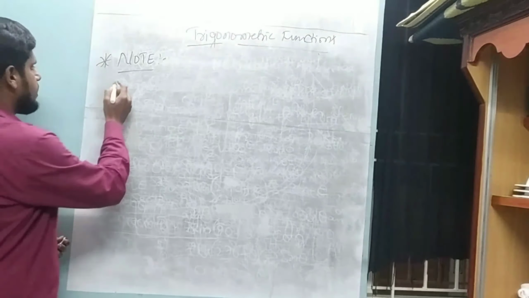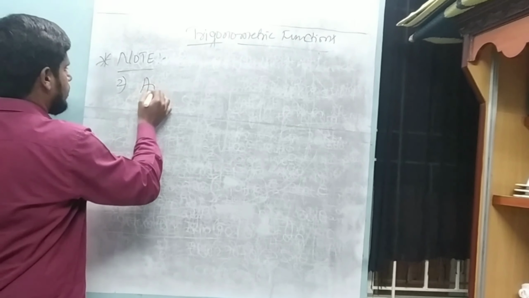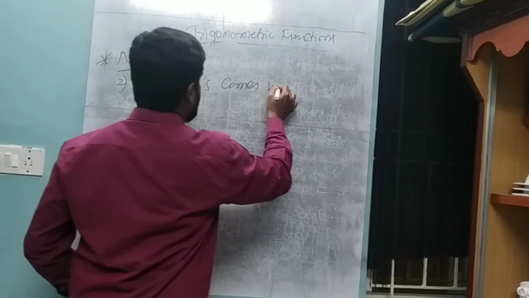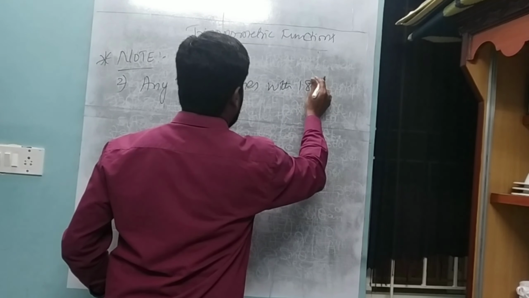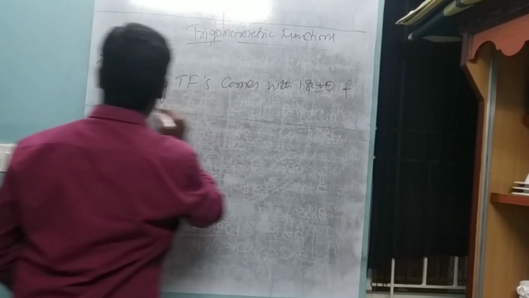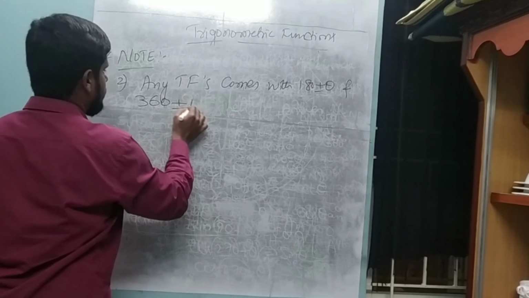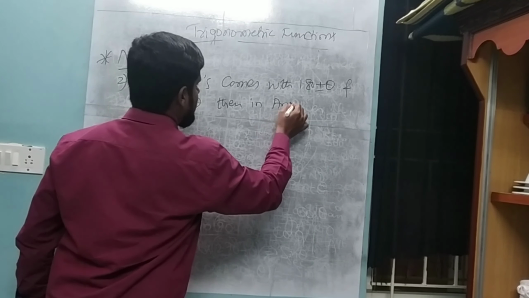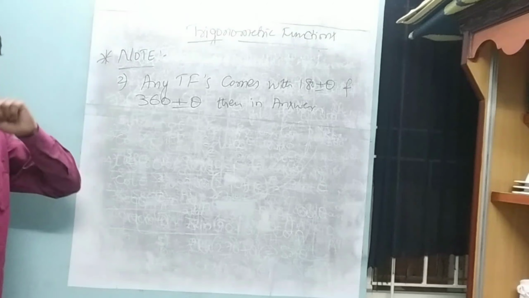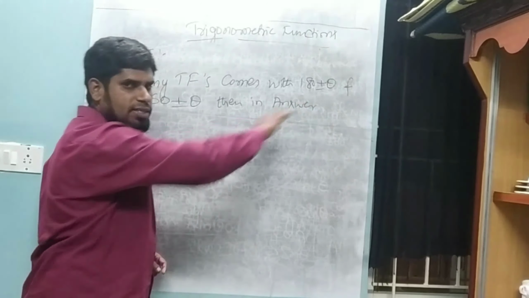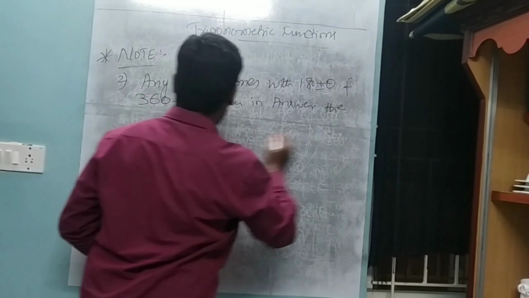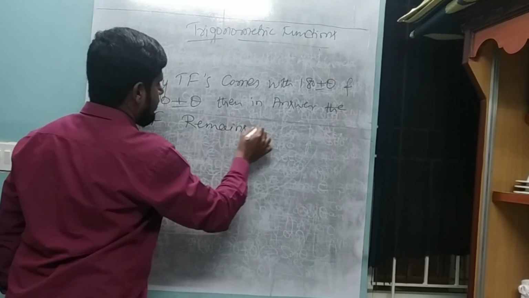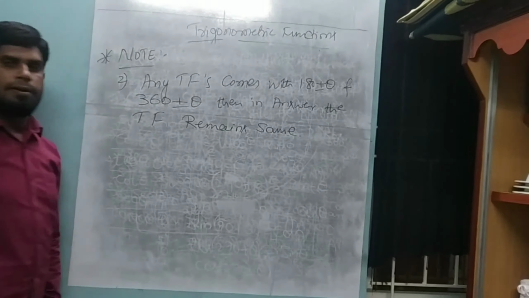Student, what does the second note say? Similarly, any trigonometric function that comes with 180 plus or minus theta and 360 plus or minus theta, then in the answer, the trigonometric function remains the same.